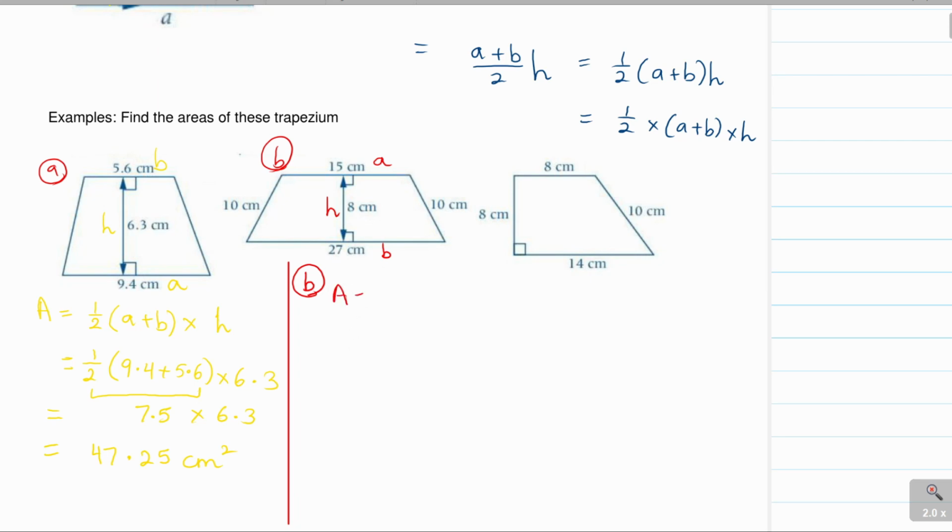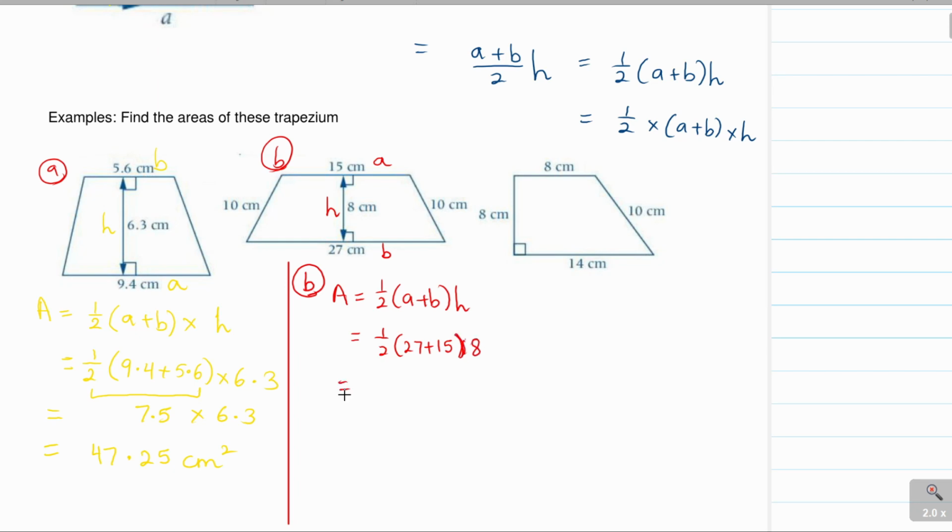So again, we write our formula: a half of A plus B multiplied by the height. That's a half of 27 plus 15 multiplied by 8.